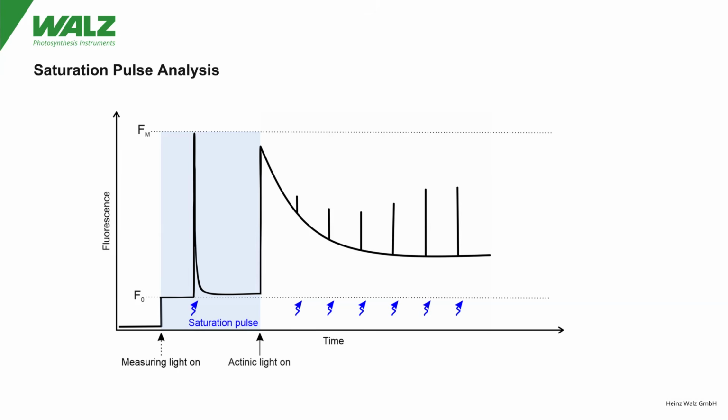During the induction phase, NPQ typically increases as the sample adapts to light, and the fluorescence signal eventually approaches a steady state once a new balance between photochemistry and energy dissipation has been established. NPQ is calculated by comparing the maximal fluorescence measured in the dark, Fm, with the maximal fluorescence measured in the light, Fm'.